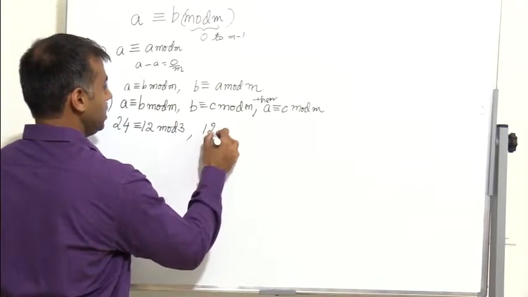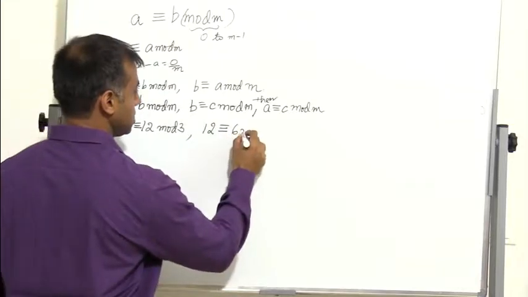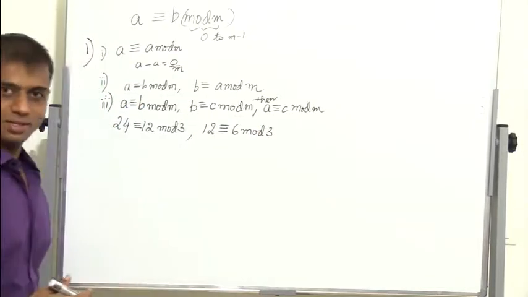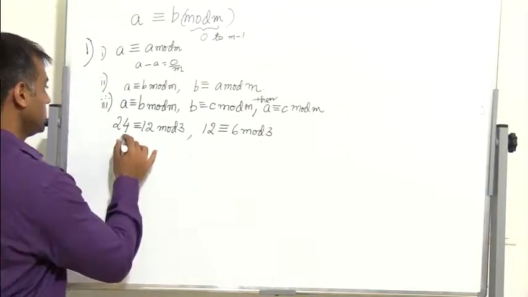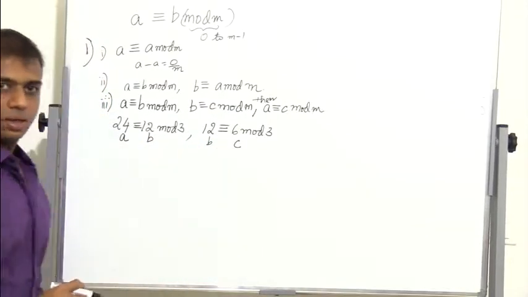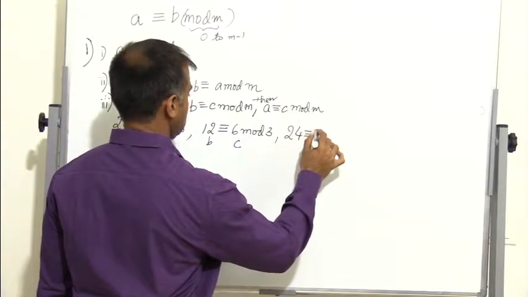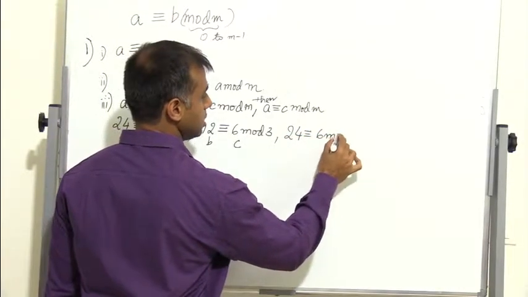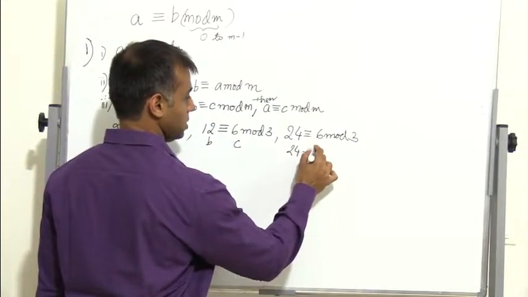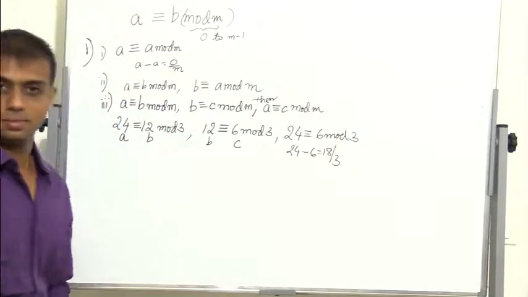Now let me take 12, which is also congruent to 6 mod 3. 12 minus 6 is 6, which is divisible by 3. So this is A, I have B here, and C. So definitely 24 is congruent to 6 mod 3, because 24 minus 6 is 18, which is divisible by 3.